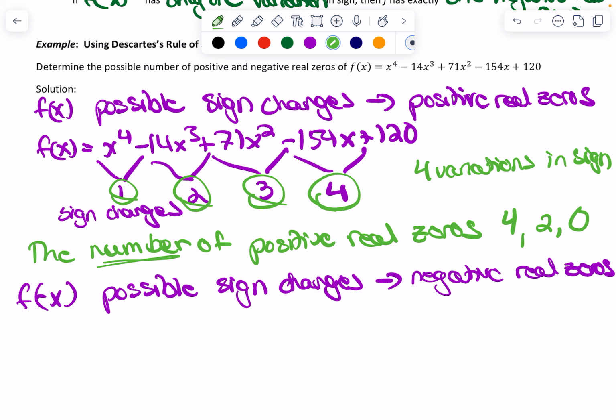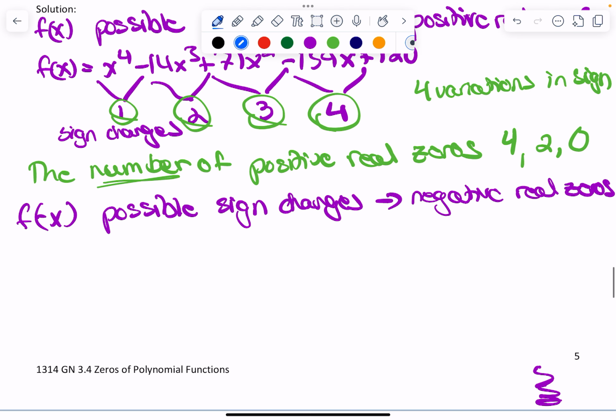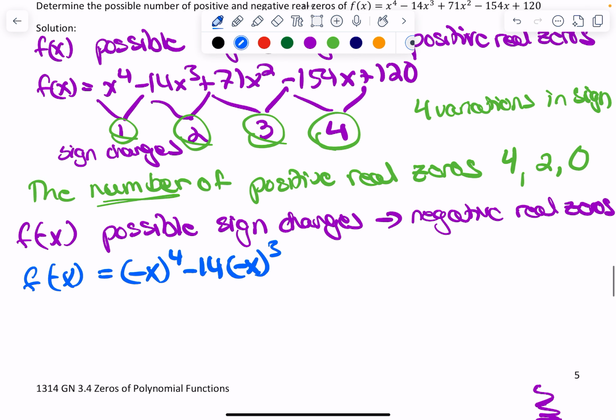Okay, so we're going to rewrite f of x as f of negative x. So f of negative x is going to be negative x to the power of 4 minus 14 times negative x cubed plus 71 times negative x squared minus 154 times negative x plus 120.